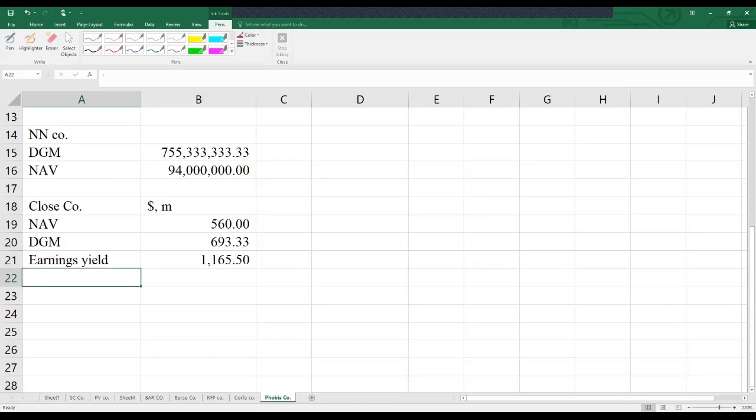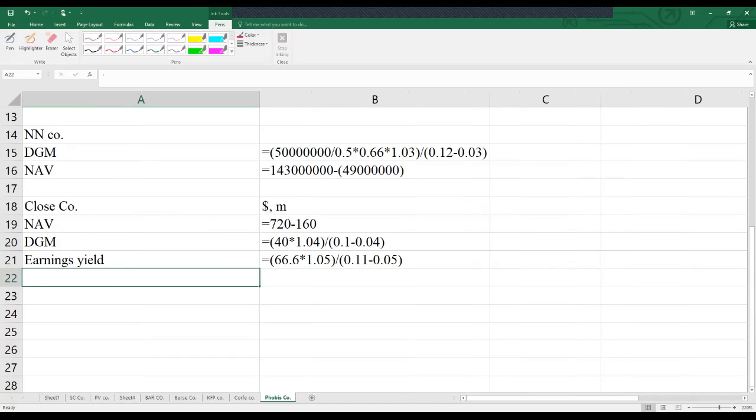Let me just refer back to the workings I've done. Don't make the mistake of forgetting to put the numerator in brackets and the denominator also in brackets. Otherwise, if you forget the brackets, you're going to end up with a very different answer altogether. So be careful.